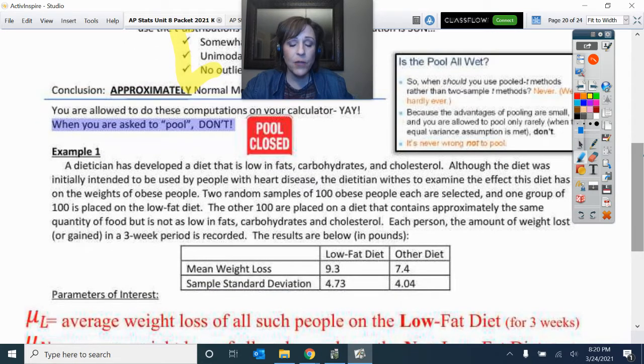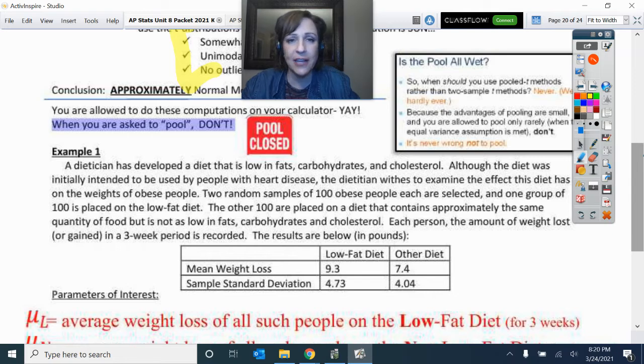Now, in a minute, we're going to get to doing this on our calculator, because remember, I let you do two sample tests with your calculator. We do one-sample ones by hand, so we continue to understand the fundamentals of what's happening. But I let you do two-sample ones in the calculator since there are intricacies that we're more likely to mess up in the calculation.